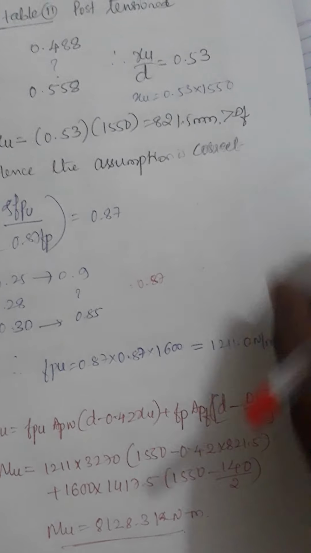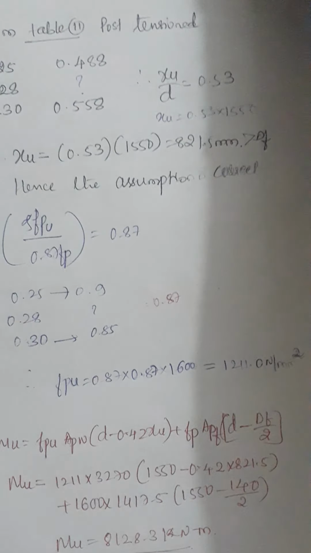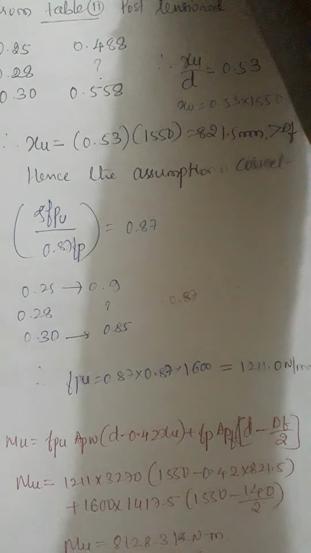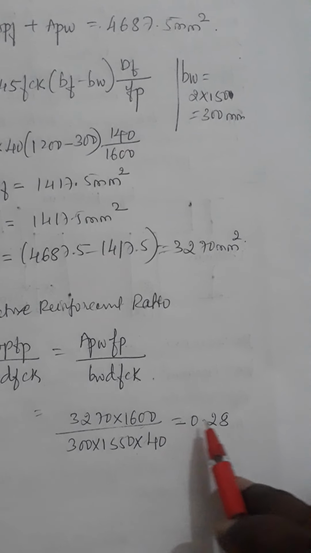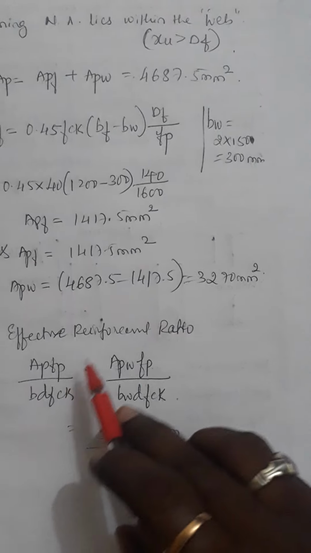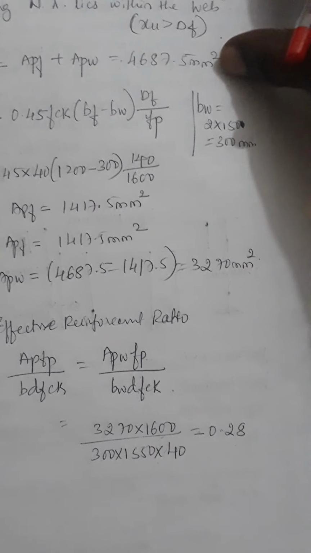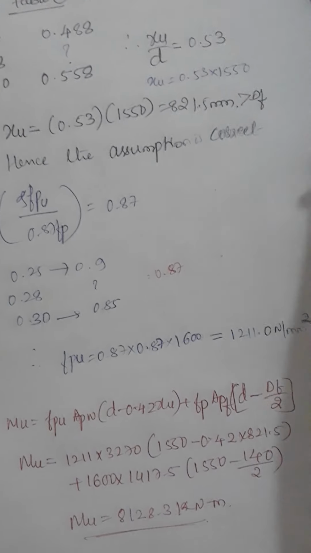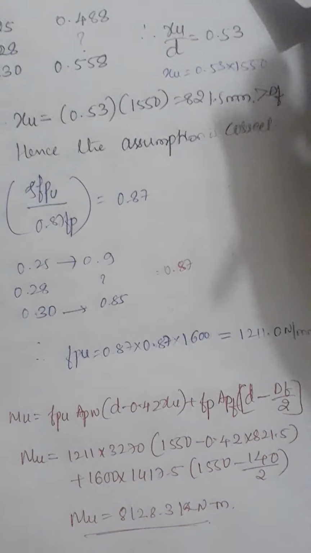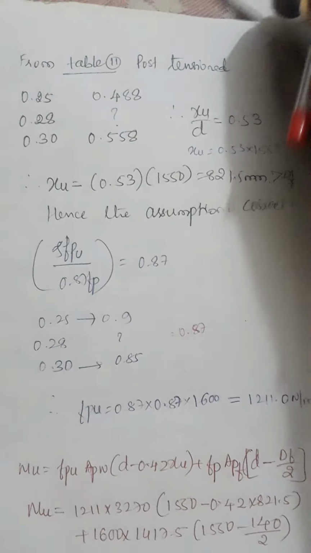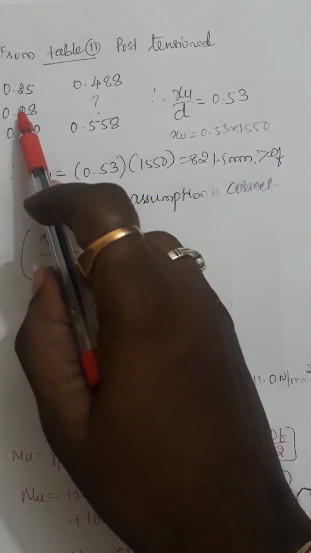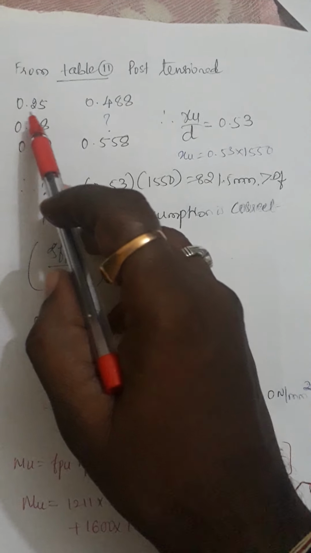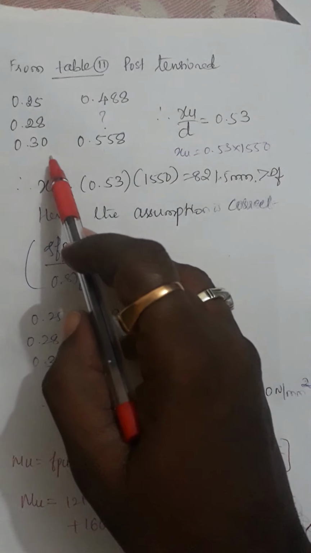Okay, so for that value, previously we got 0.28 effective reinforcement ratio. So from table number 11, for this 0.28, we got 0.25, 0.30.